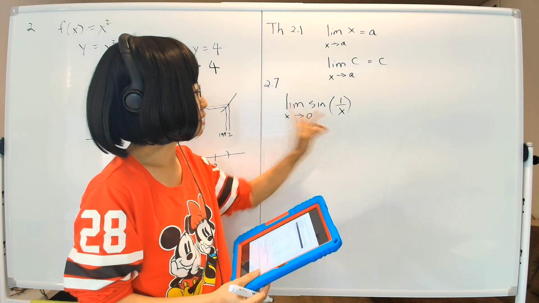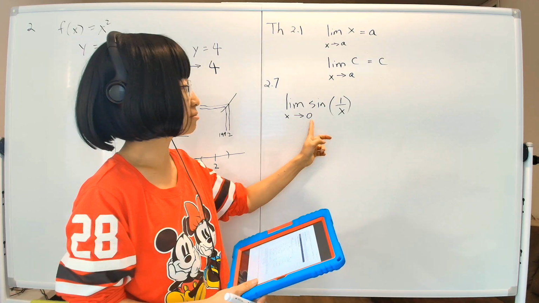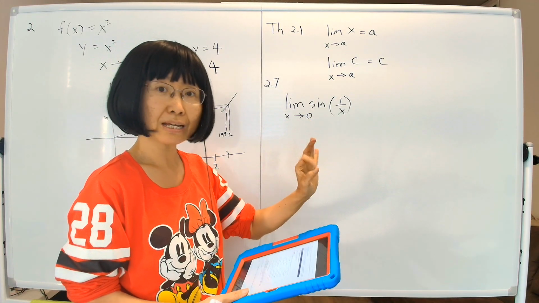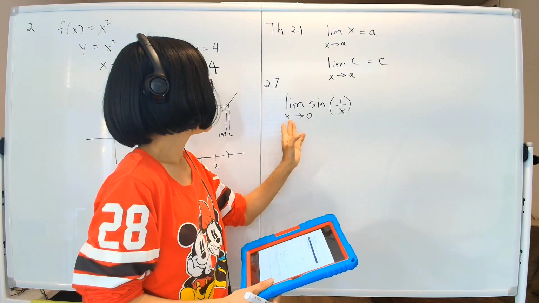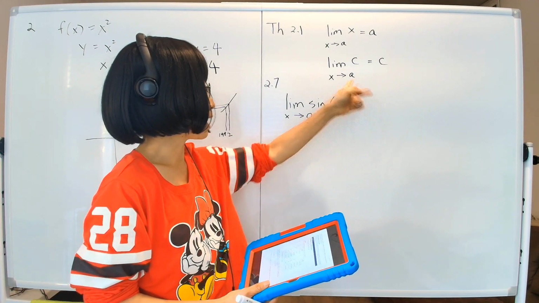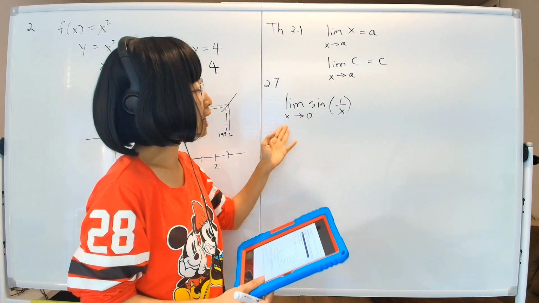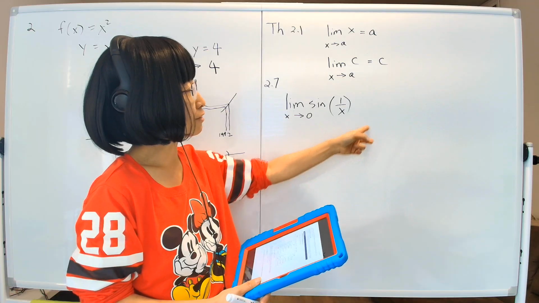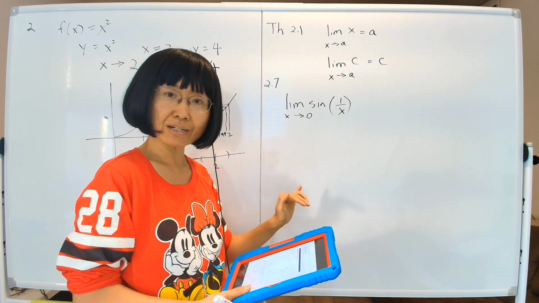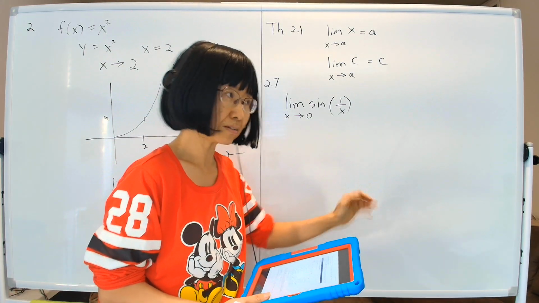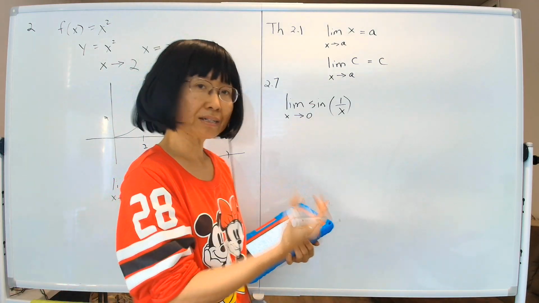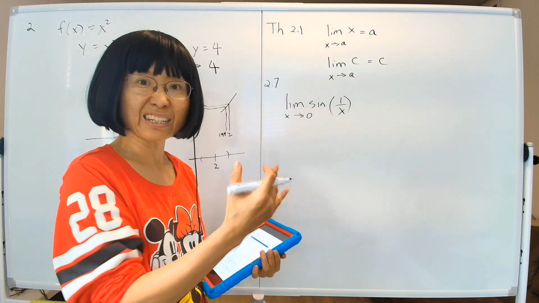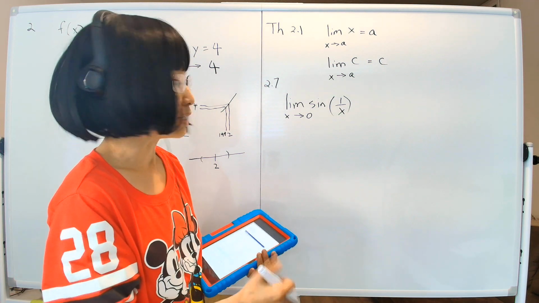So remember, for limits, you're not thinking about the number itself. You are only thinking about its immediate neighborhood, a very small area. What happens to sine of 1 over x if x is getting very close to 0? In this particular case, 1 over x is not defined, so there's nothing there. So what are we approaching, if anything?